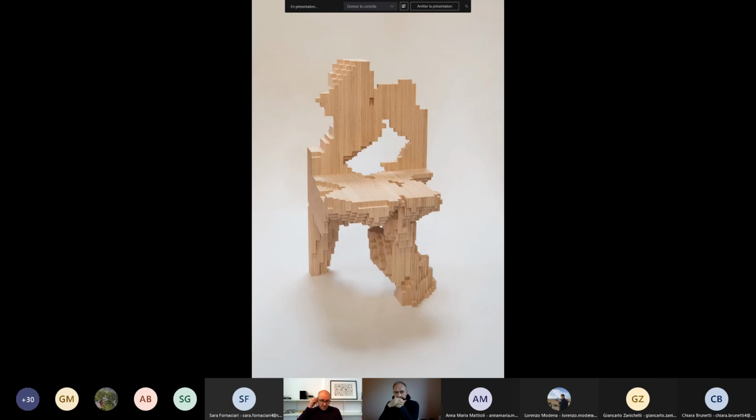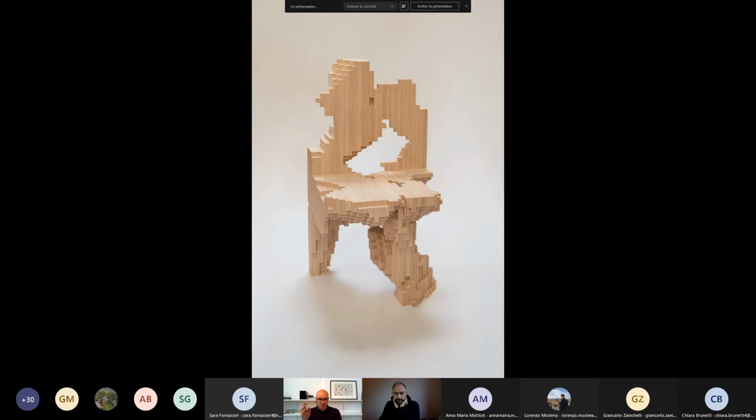Based on this, you know, my work is very iterative. I try to build things on top of something which came before. So I asked myself, okay, this is nice for a chair, but what about scaling this up? If we want to make a building based on that, how can we do it?